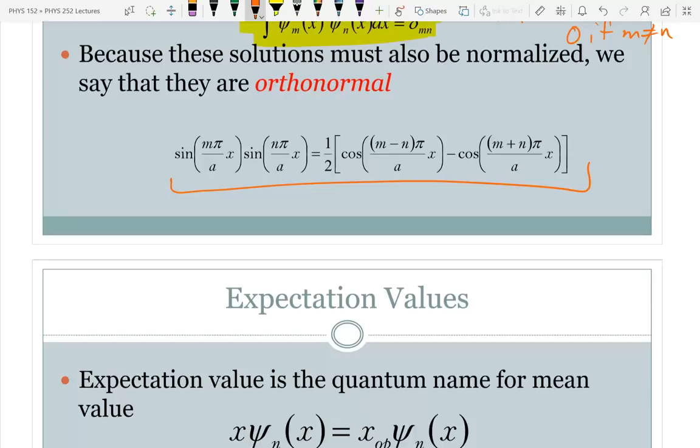The first one, m minus n times pi over a x: if m is equal to n, then that's just cosine of 0, which is 1. Well, the integral of 1 is not 0. So the only time we don't get 0 for any of these integrals is when m is equal to n. And then we're integrating 1 from 0 to L. So we get L for that integral, times the 1/2, of course, out front. And when you put it all together, you find that it gives you the normalized outcome because of your normalization constant.